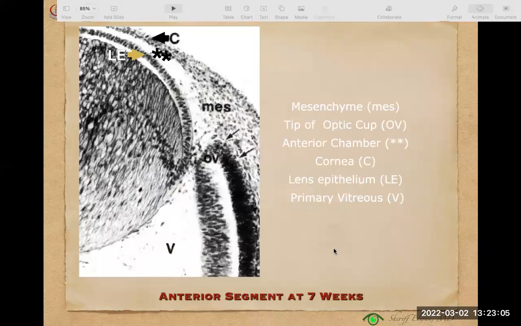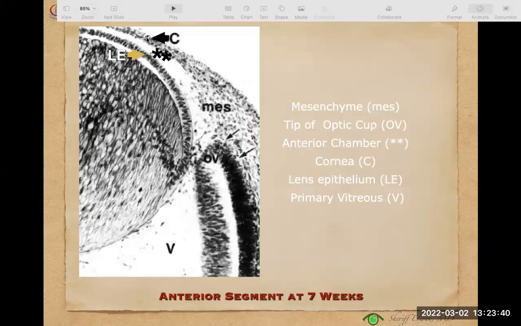Now, at 7 weeks, after 4 weeks of starting development, this is how things look. The tip of the optic cup is the OV, optic vesicle. This is the outer layer and the inner layer. And the primary vitreous is behind, and this is the very big globular embryonic crystalline lens, and this is the lens epithelium, LE.